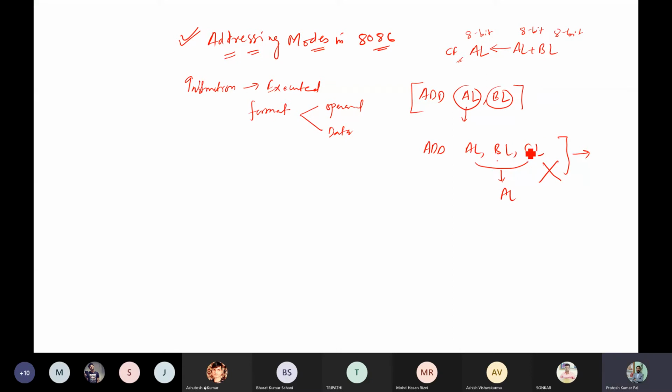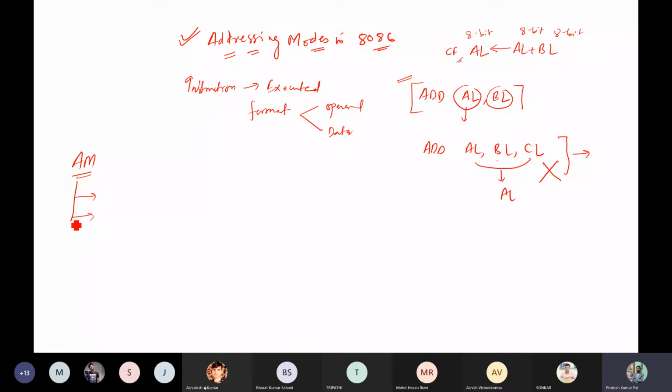It will not execute the instruction because it is not in the proper format. So we should have a proper format for addressing the different operands, so that the microprocessor will perform some operation. Basically, these addressing modes are of different types.